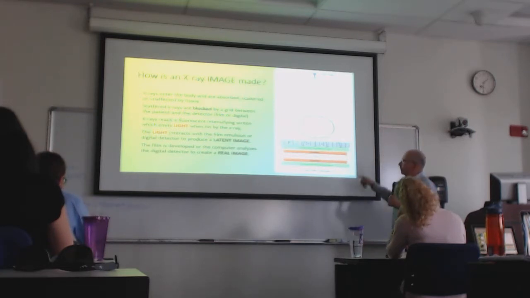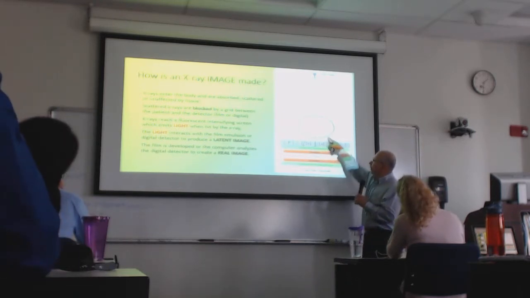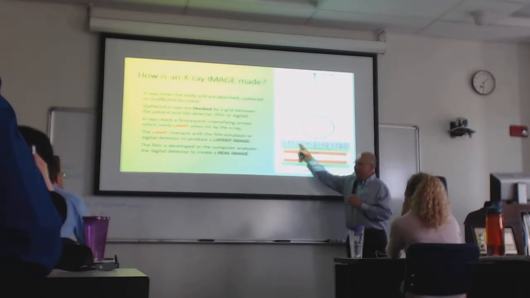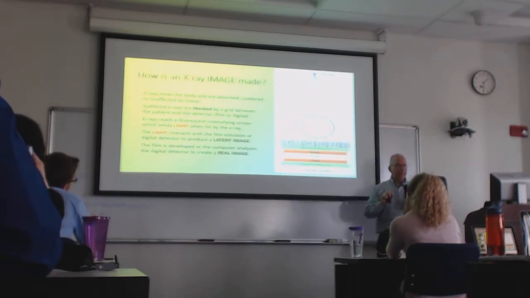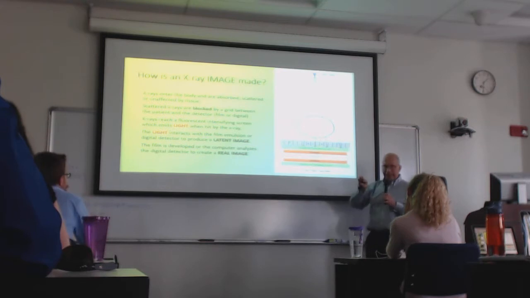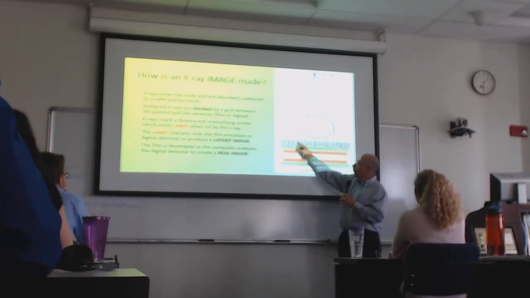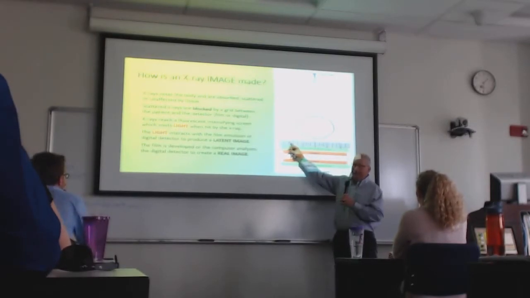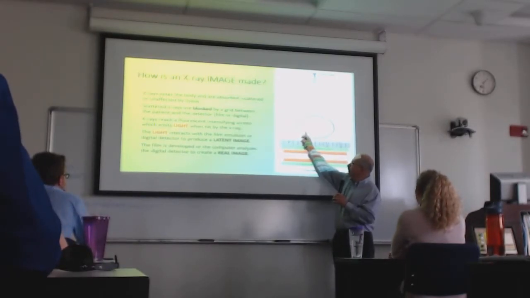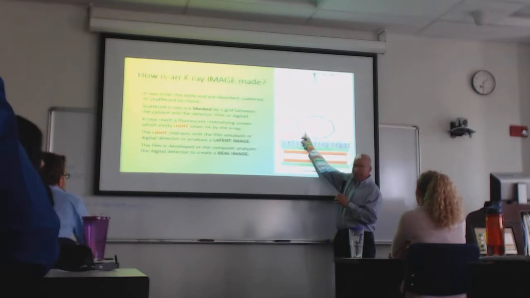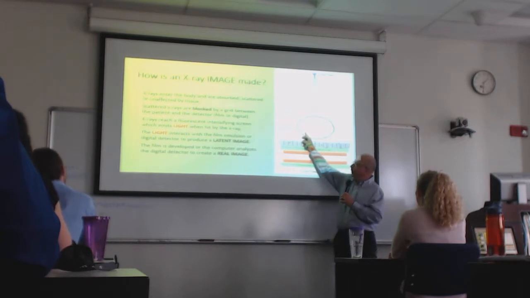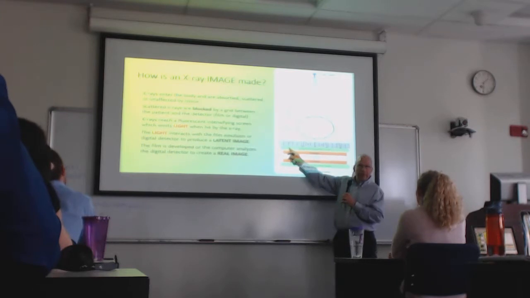So these X-rays are coming through, and the first thing they encounter is a grid. This grid basically channels the X-ray energy. If this X-ray got scattered, then even though the thing I'm looking for is here in the patient, it would be read as if it were over here.